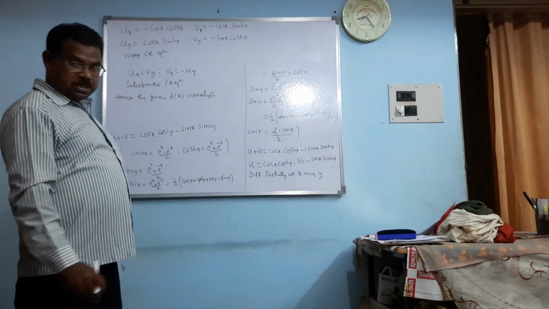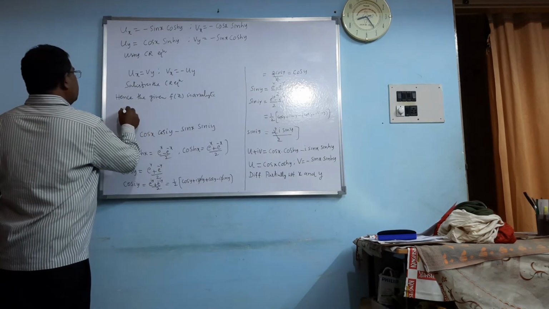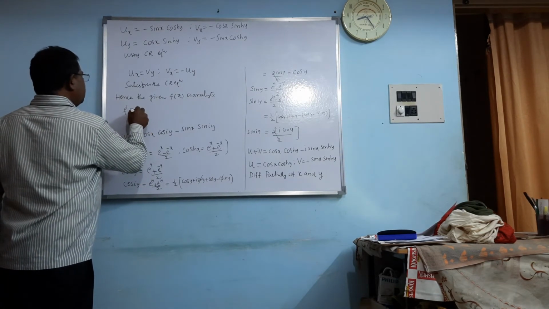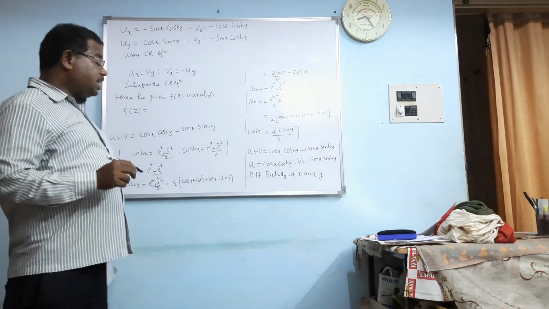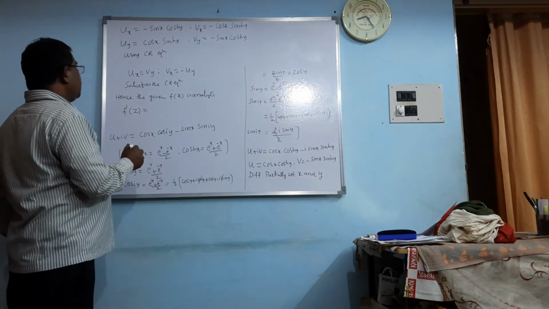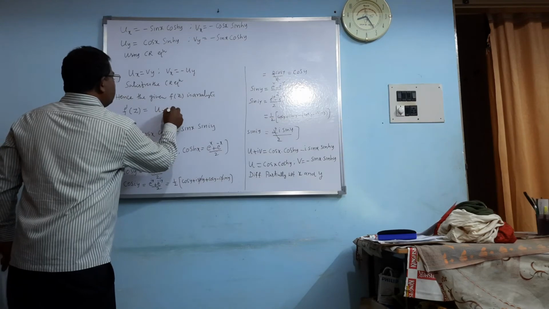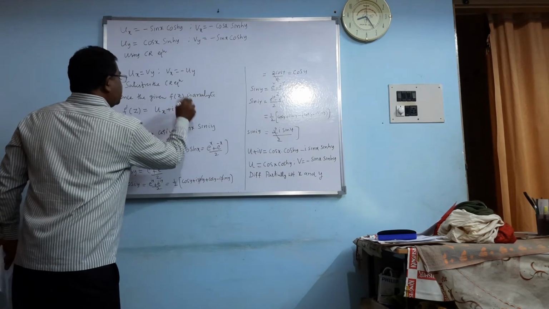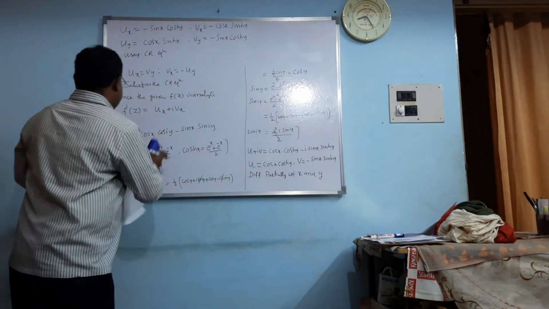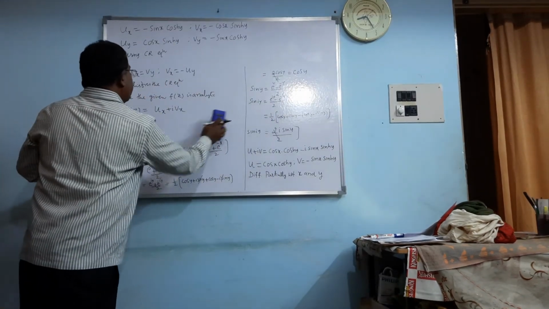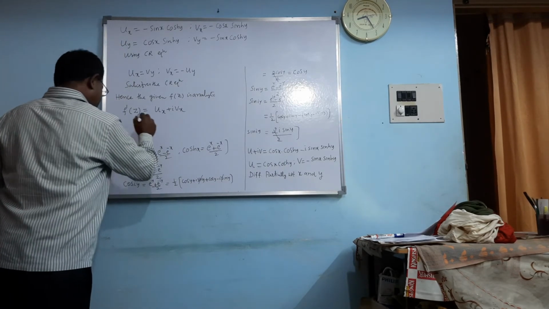Next part is find its derivative. Therefore, f dash z equals, the formula we have already discussed in the earlier class, ux plus i vx. First, what is ux?